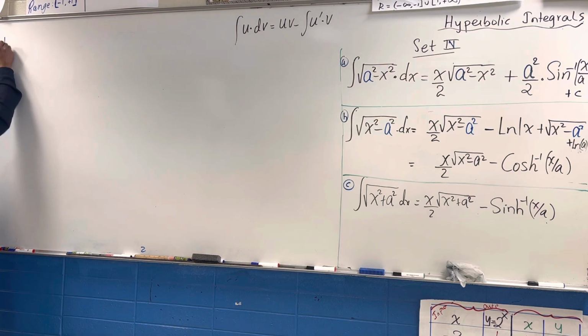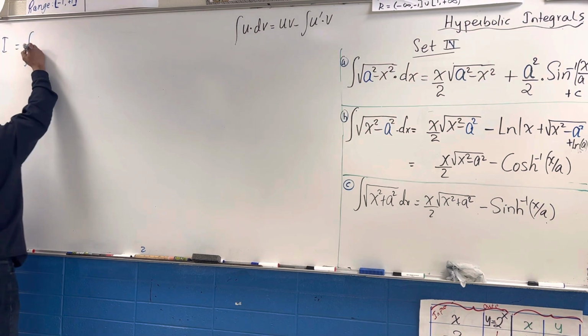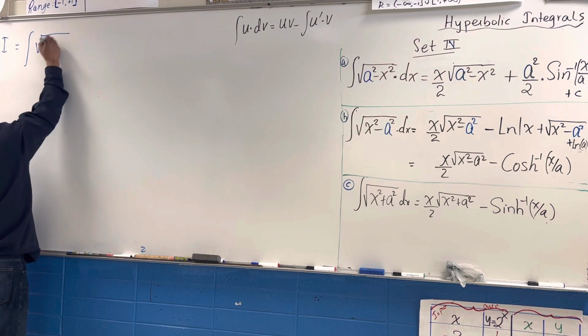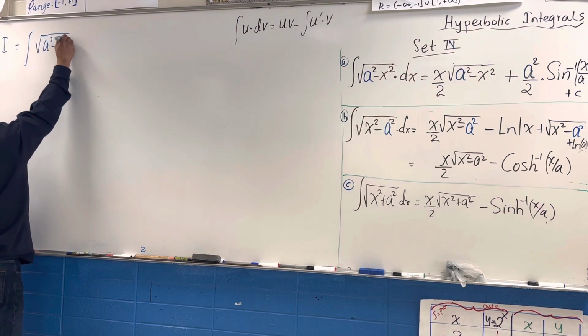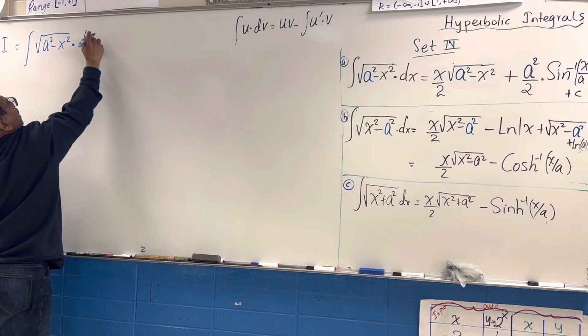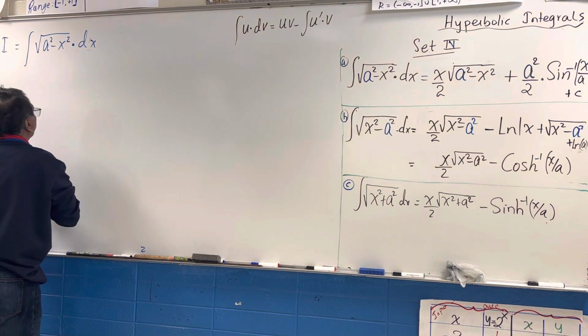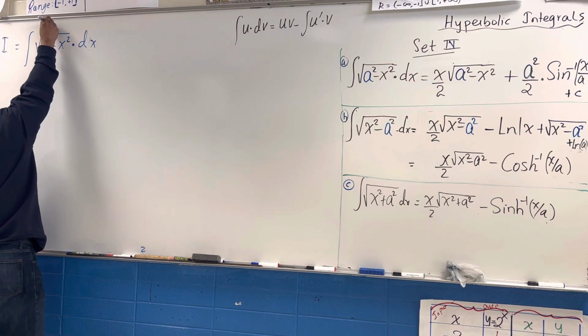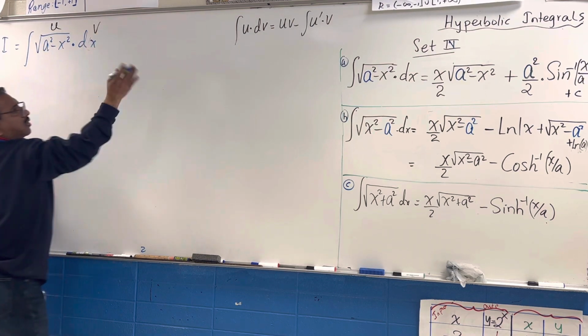So let me call the first one I, integral of square root of a square minus x square dx. So in this, if you compare, this is u and this is v. So let's use it straight away.